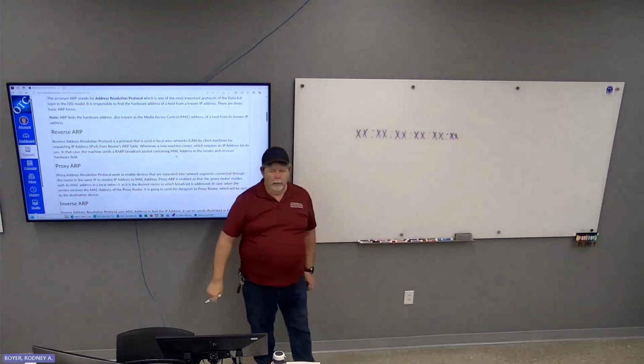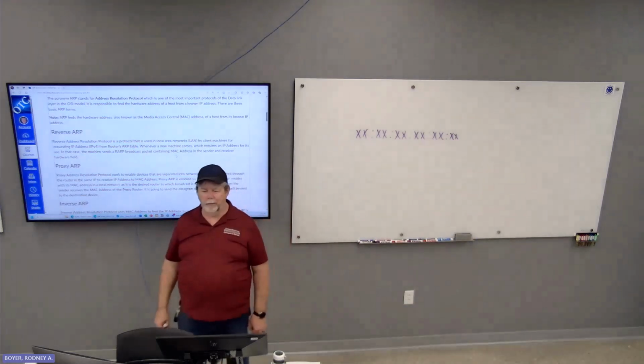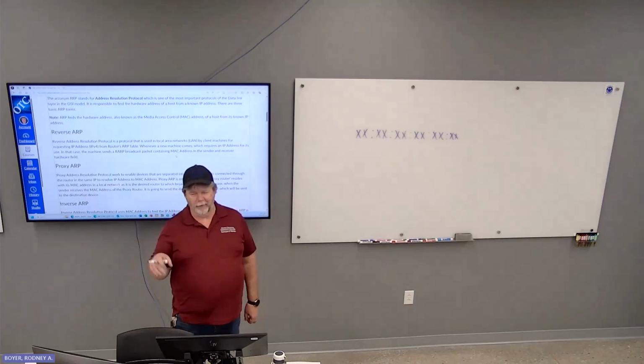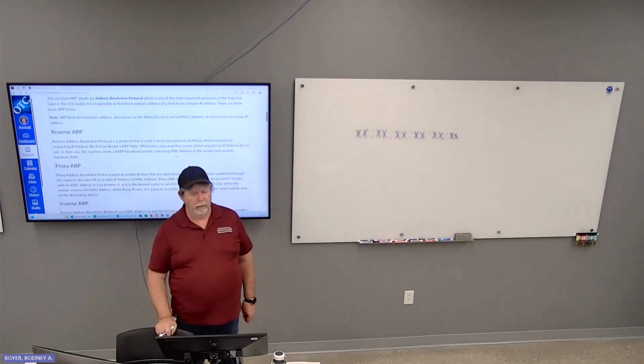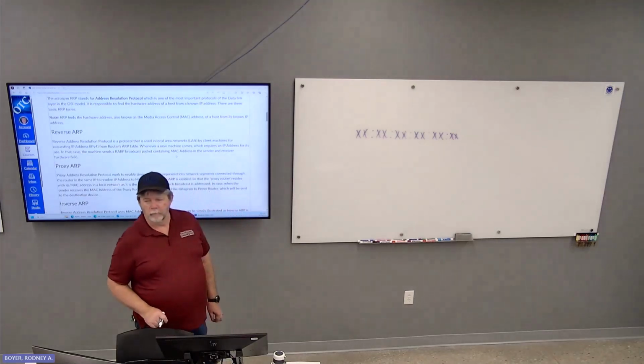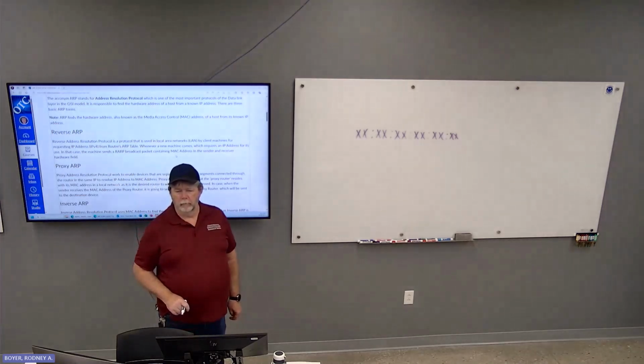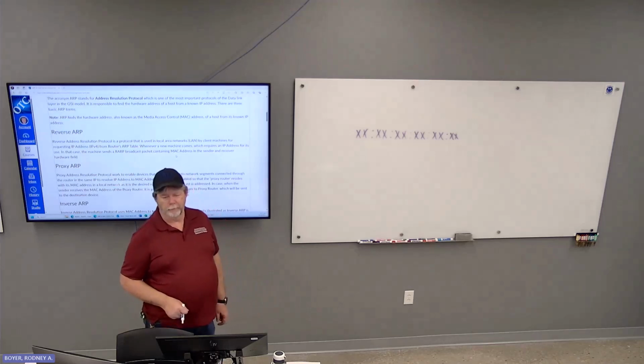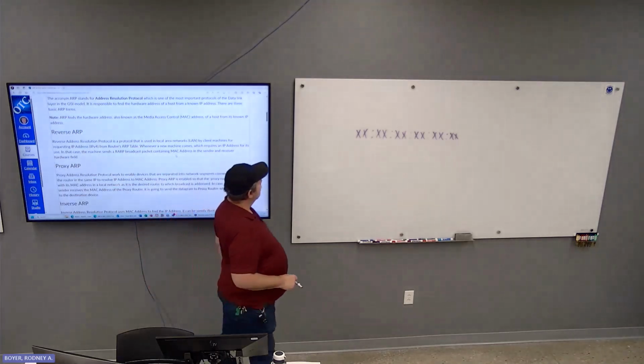Oh, it's 6 groups of 2, so 00 through FF on all 6 of them. Hexadecimal, 0 through 9, A through F.